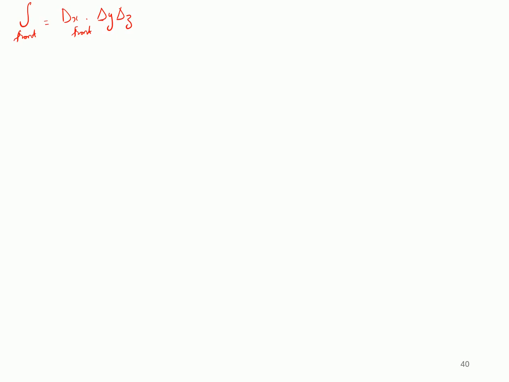So now let's solve for D of x front, and as I mentioned, D of x front is going to be solved by the Taylor expansion, especially the first two terms of the Taylor expansion series. So how can we solve it?